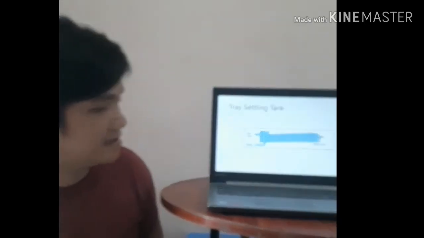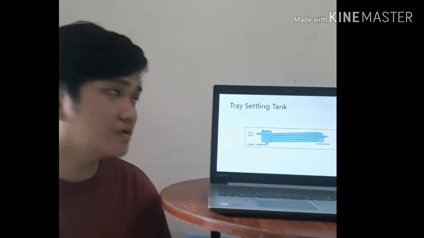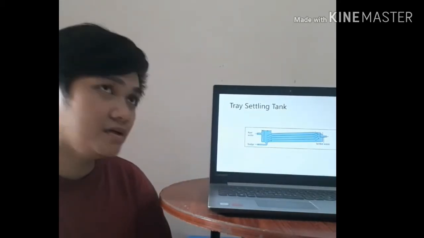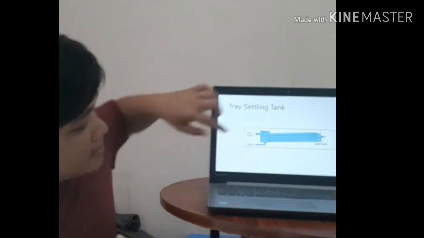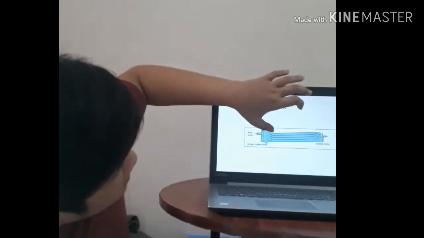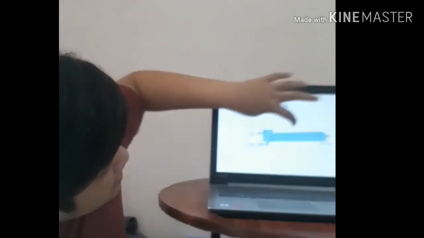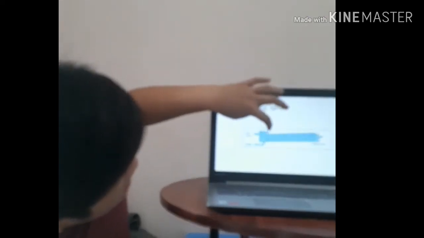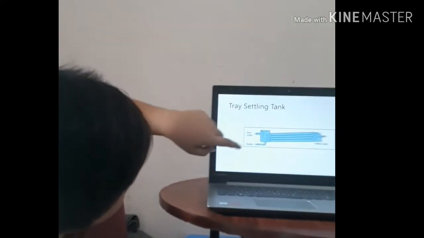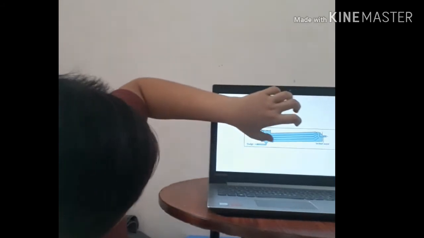Then there's the settling tank. It's almost the same as the previous one, but in this case we have more bar sheets or sheet plates where the sludge is to be settled, but they are also at the bottom.